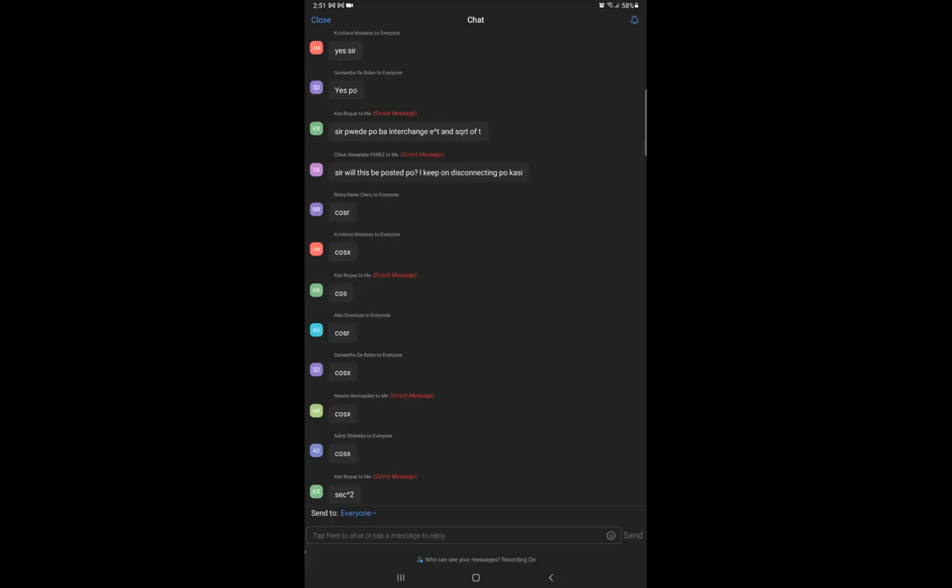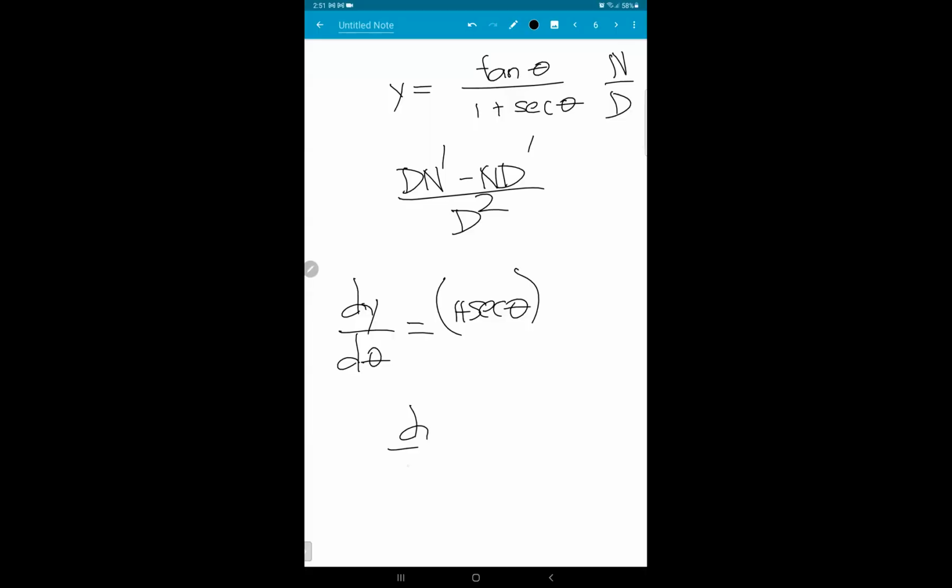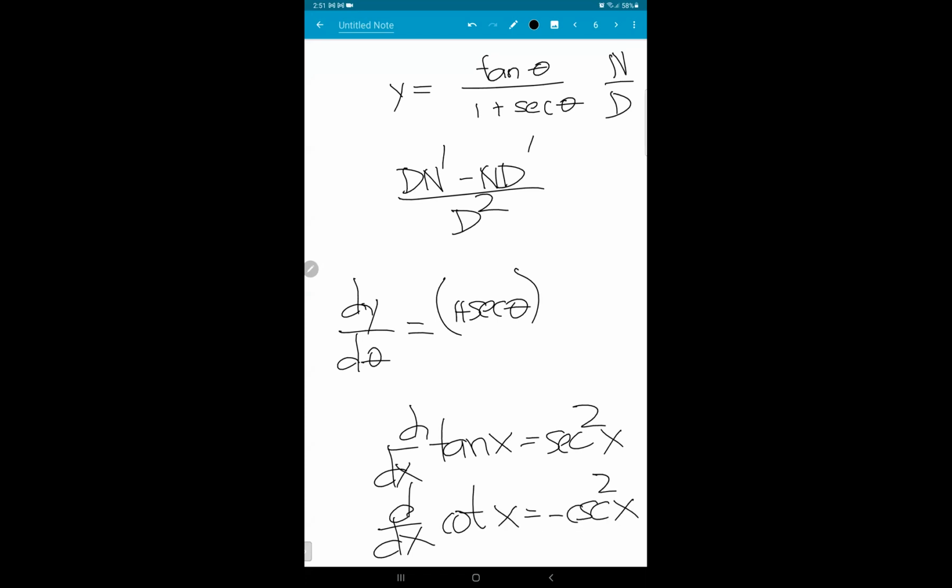Yes, secant squared theta. And then your cotangent x, the co-function of tangent, negative cosecant squared x.